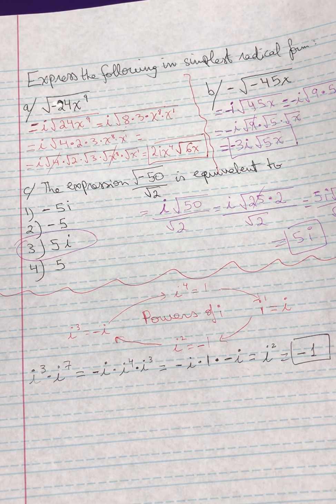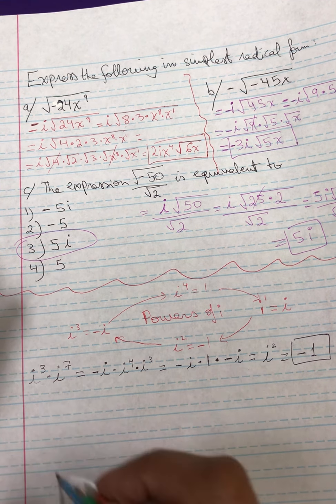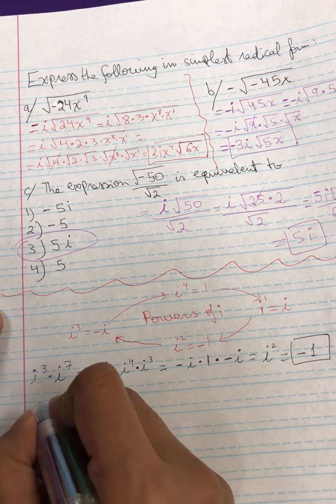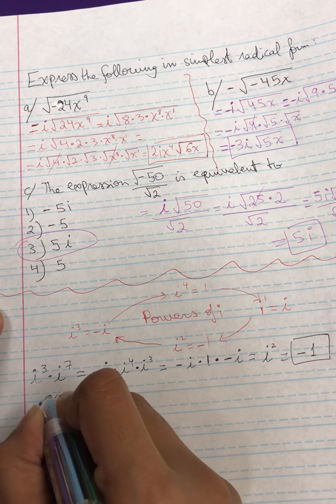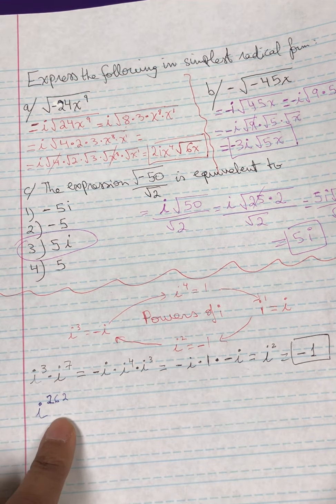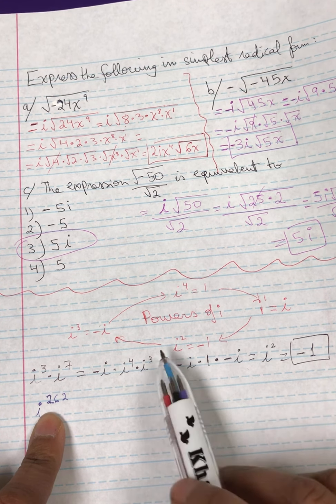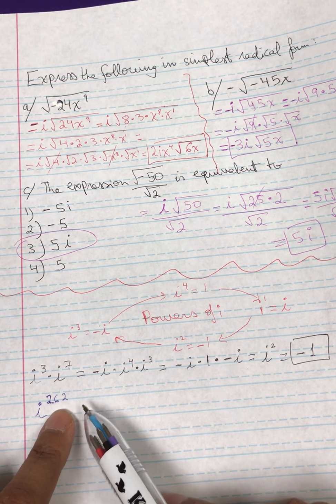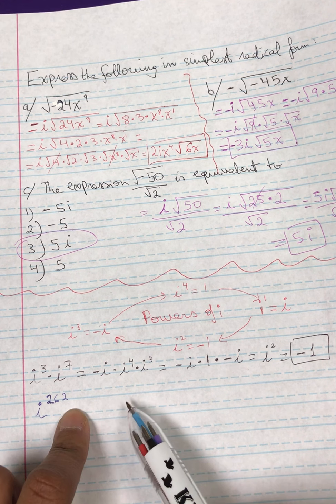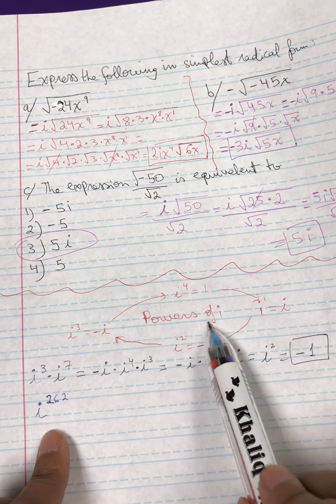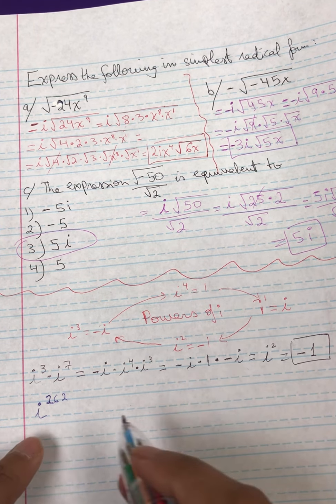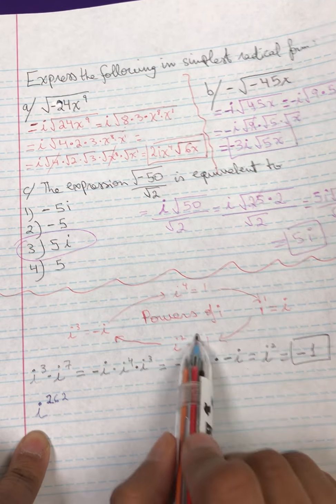Now, let's say the question was asking you to see what i to the 262 is equivalent to, okay? If you're given a big number like that, rather than breaking it down all the way into i to the 4th times i to the 4th, and then substituting all these values, there's a trick to this because we have 4 values of i.